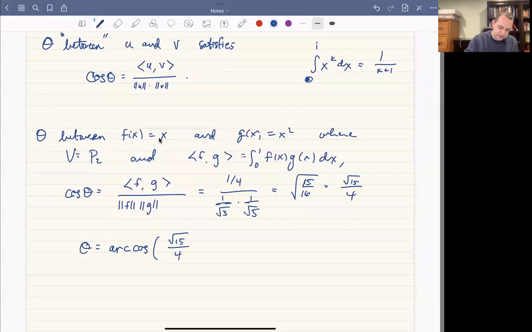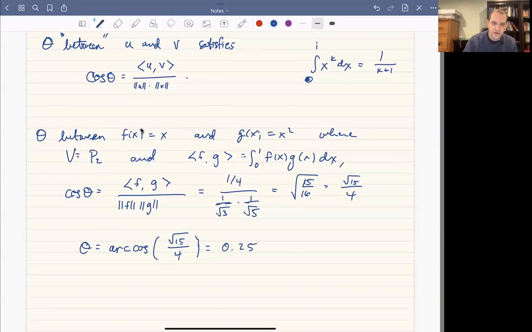I don't know why I brought 16 into it at all. But anyways, if you compute arc cos of square root of 15 over 4, we just have to plug this into a calculator here. And it turns out that what we're going to get is about 0.25 radians.